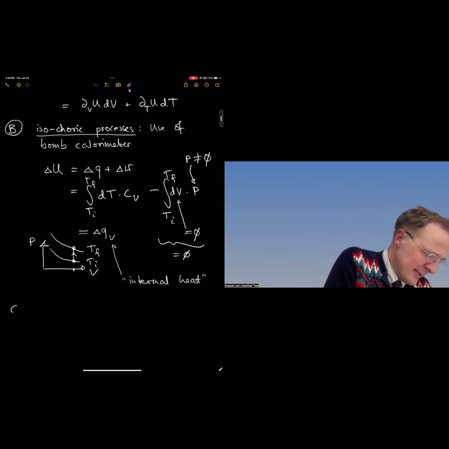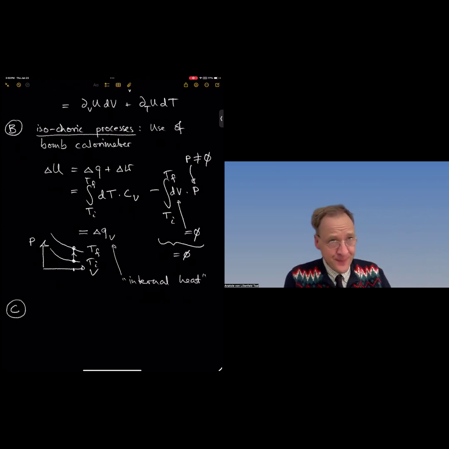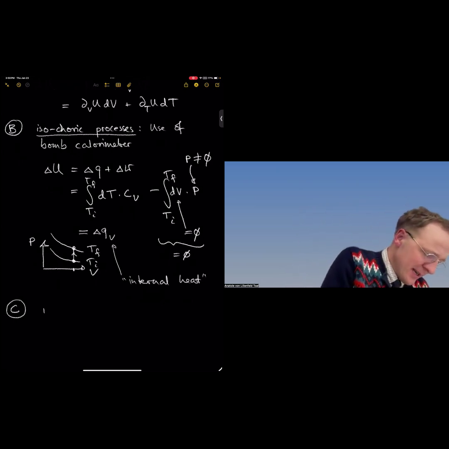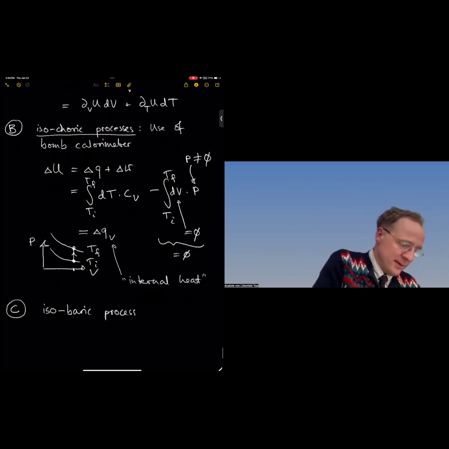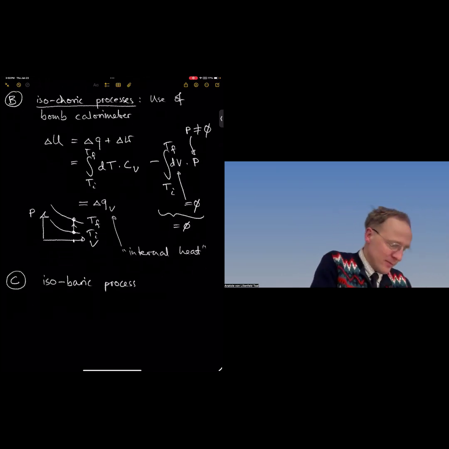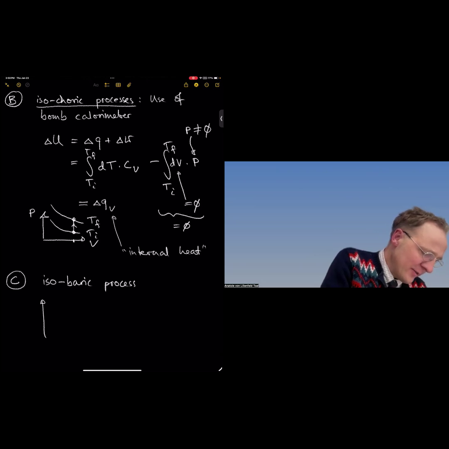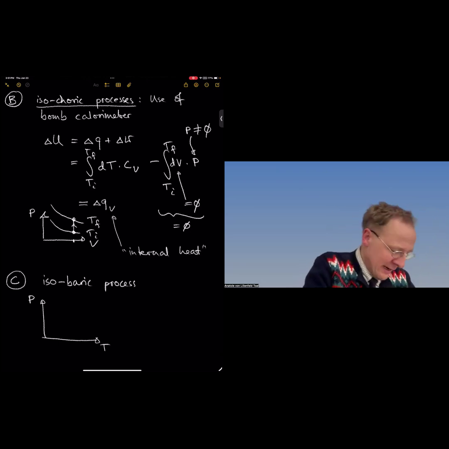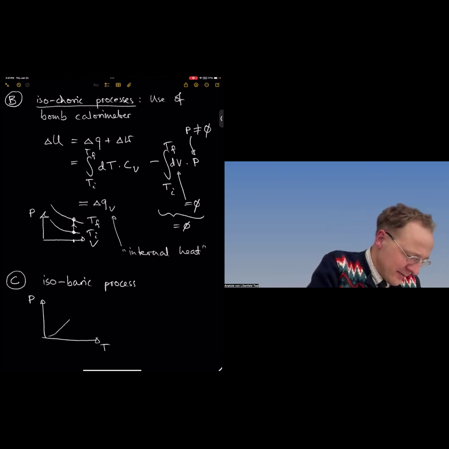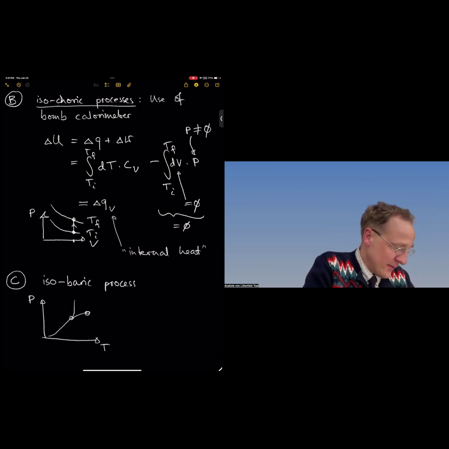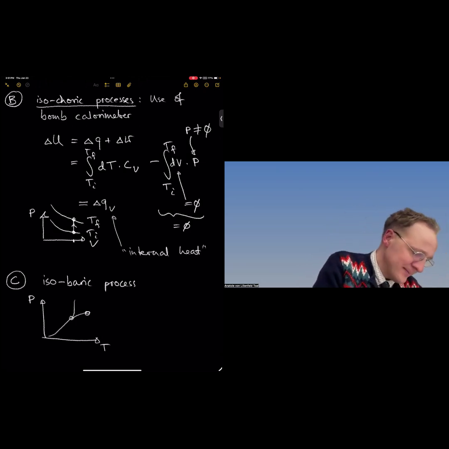Now we can consider case C, which would be the isobaric process. An isobaric process is, if you plot the PT phase diagram, where you would have your usual phase diagram with aggregation states, with the triple point and the critical point, so solid, liquid, gas.